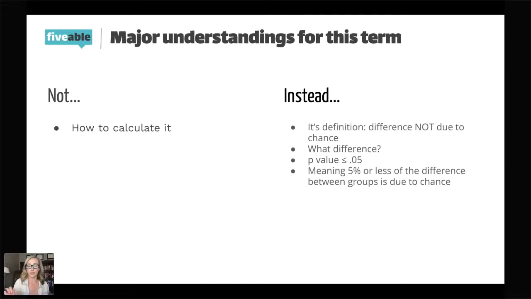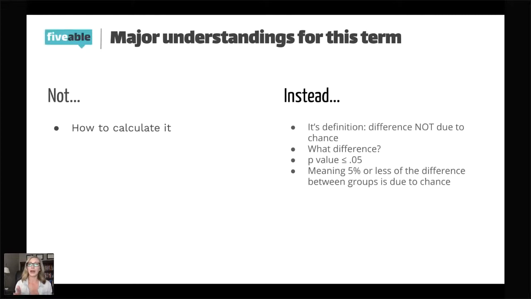Now, what difference can't be due to chance? Well, that's the difference between the two groups. So when they're measuring their dependent variable, they've got to make sure that the difference between their experimental group and their control group, on that survey on happiness, is in fact due to the caffeine and not anything else. Now, the way that this is shown in math terms is with the p-value.